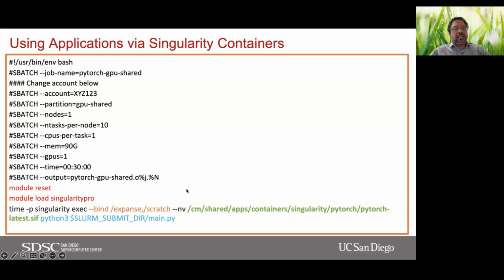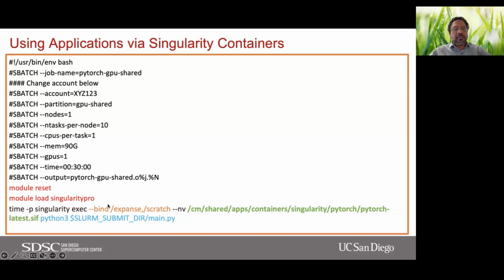Few things to keep in mind. If you're using containers, you also need to make sure that if you need any data from the directories on Expanse, you bind them in. By default, the home directory gets bound to the container, but anything else, like Lustre or the local scratch directory, you need to do the explicit binding. So just make sure you do that.